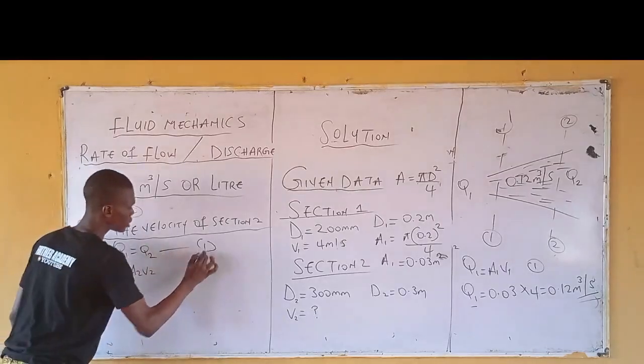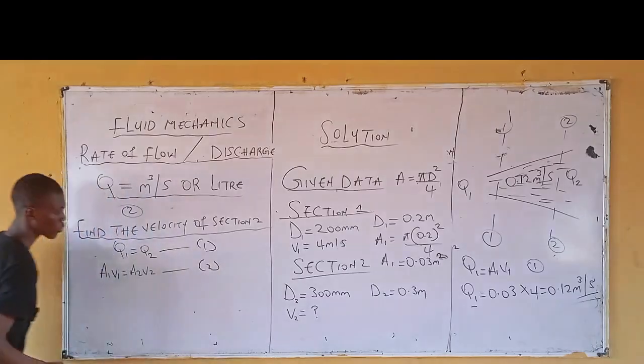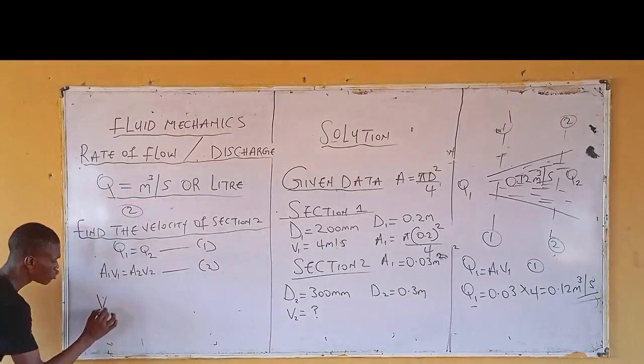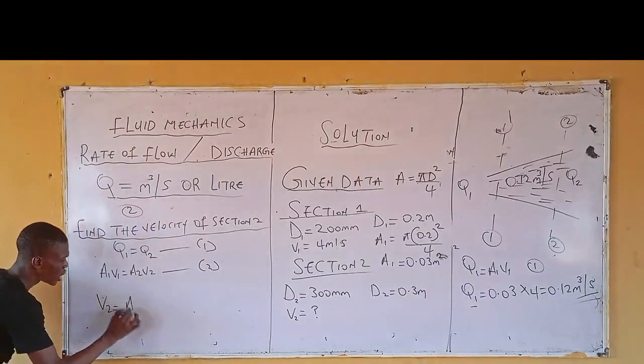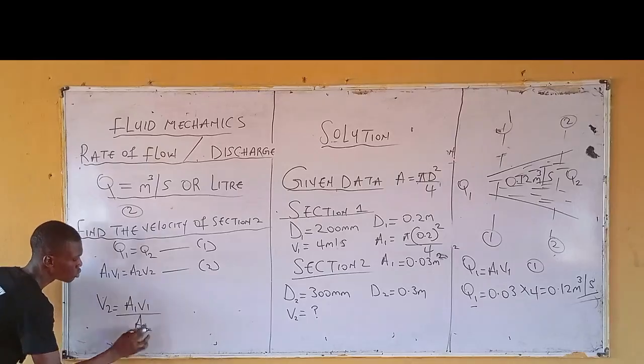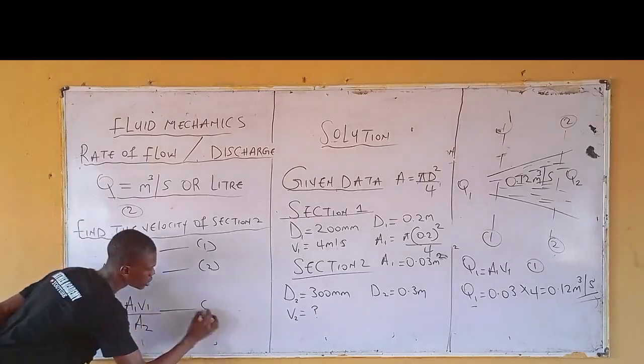Call this equation 1, call this equation 2. From equation 2, make V2 the subject of the formula, it becomes what? V2 is equal to A1 V1 divided by what? A2. Call this equation 3.